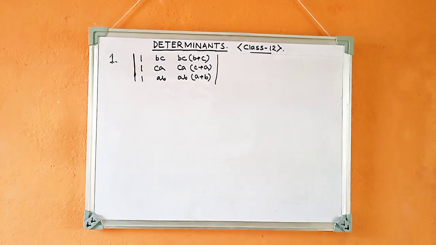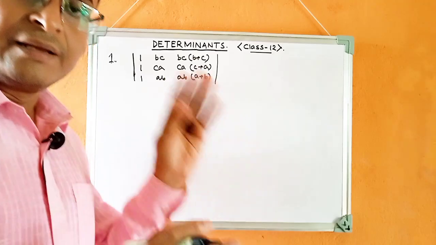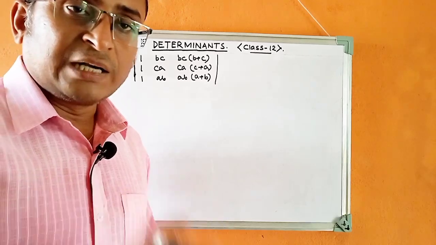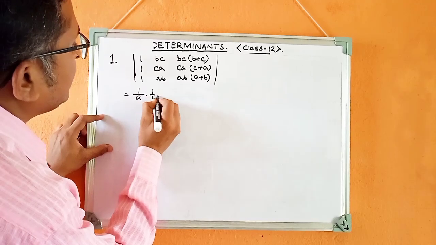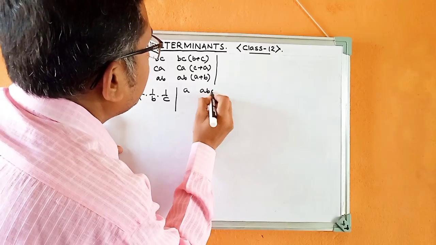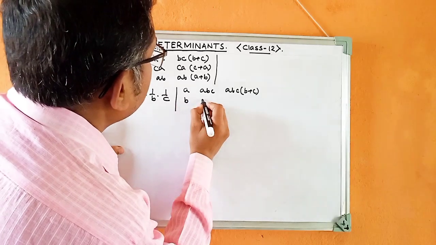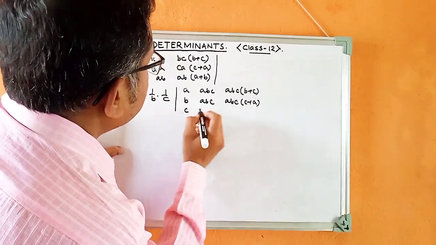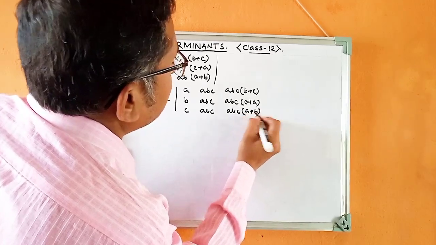See, in R1 we multiply all the elements by A. In R2, row 2, we multiply all the elements by B, and in R3, row 3, multiply all the elements by C. So in R1 multiply all the elements by A, that is A, then ABC, then ABC, B plus C. In second row multiply with B, then ABC, then ABC into C plus A. Then C, then ABC, then ABC into A plus B. Got it?